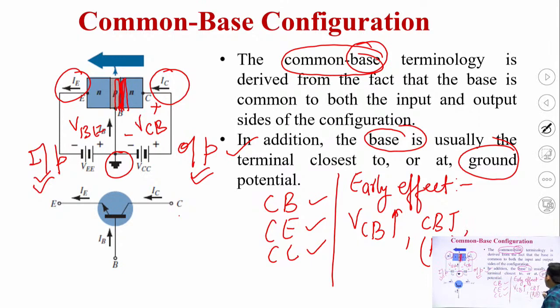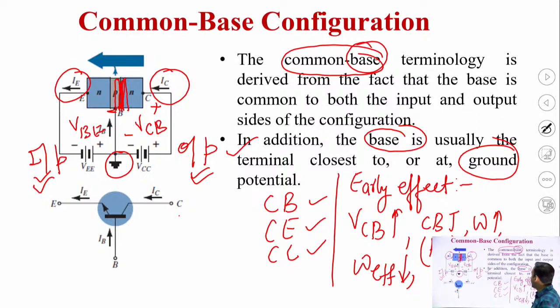If the depletion region width W increases, then the effective width of the base basically decreases. Once the effective base width decreases, the recombinations inside the base will naturally decrease.